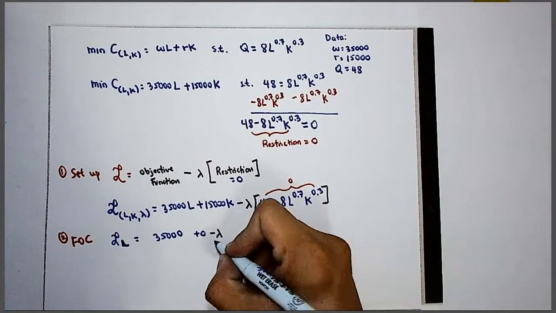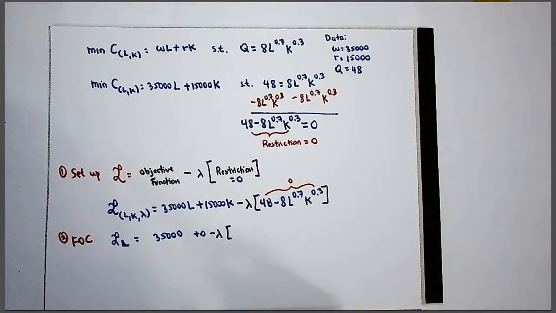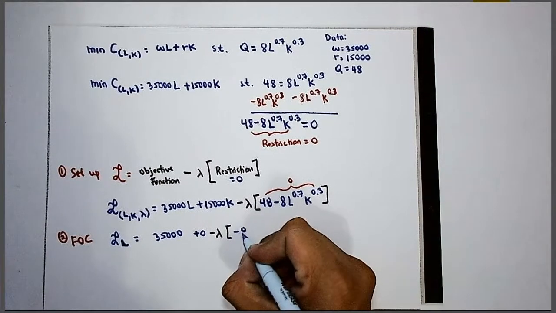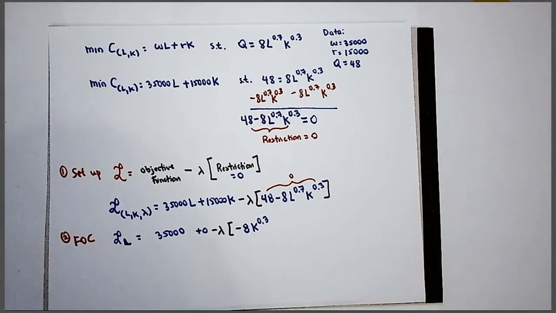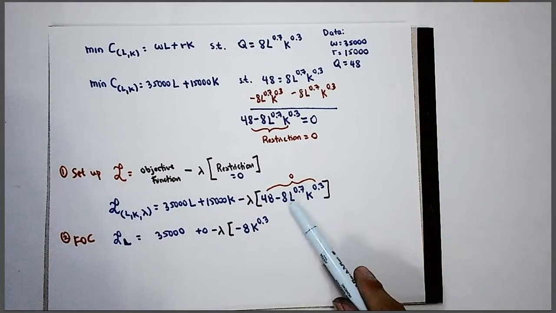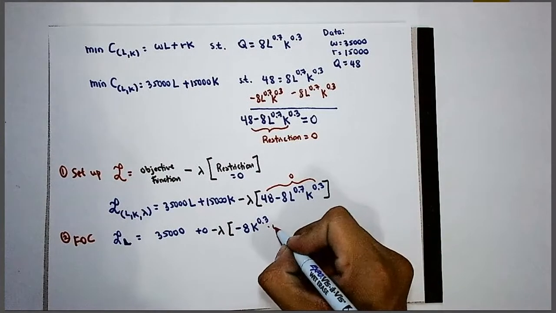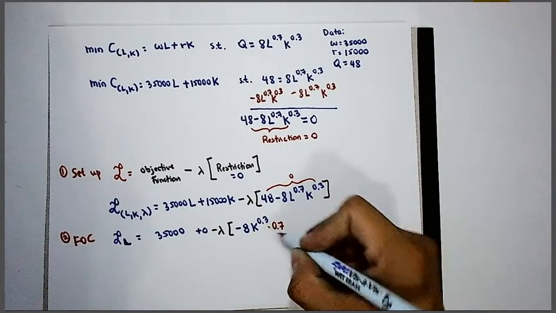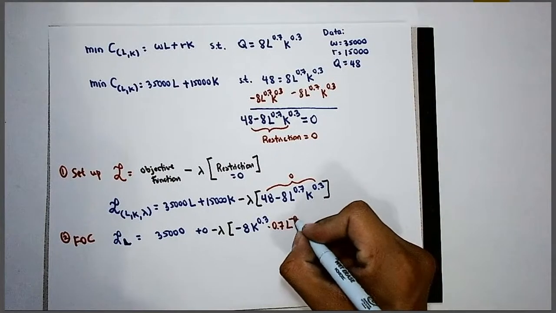Minus lambda times the derivative of 48 with respect to L is 0. But now we have to be very careful here. Here the constant part is minus 8K to the 0.3. The variable part is L to the 0.7. And the derivative of L to the 0.7 with respect to L is 0.7 L, and then 0.7 minus 1 is minus 0.3.